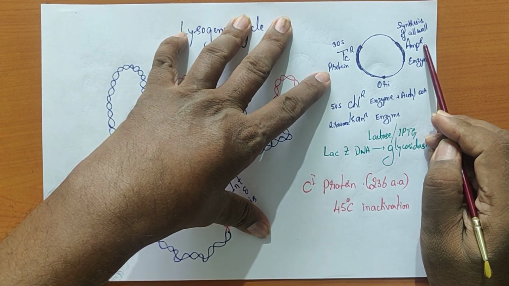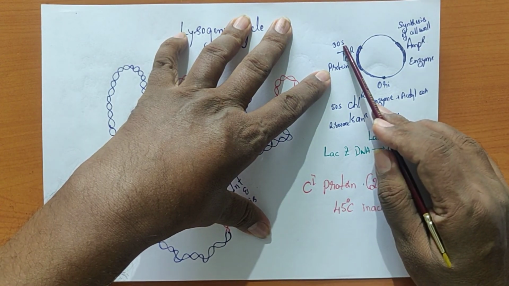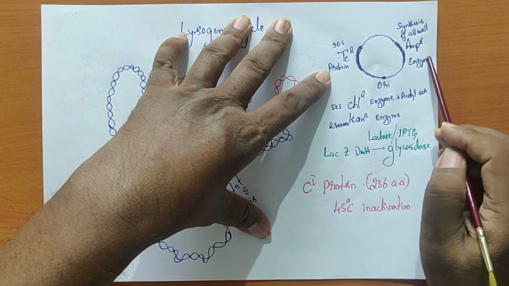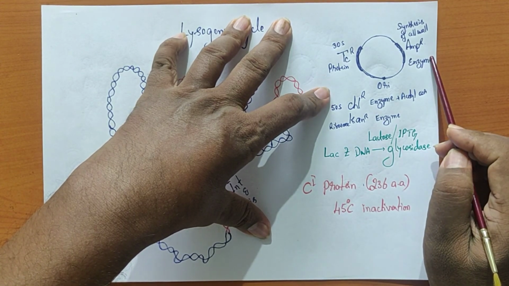Tetracycline binds to the 30S subunit of the ribosome and blocks protein translation, and that's how it acts as an antibiotic.